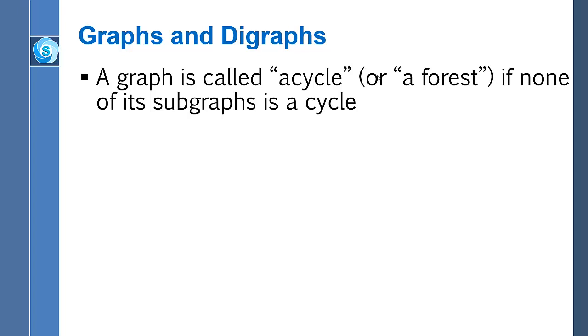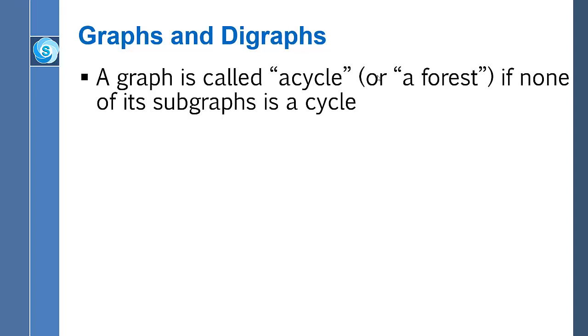If a graph does not contain any cyclic subgraphs, then we say that the graph is acyclic, right? A graph is acyclic if you can't find any cycles inside it. Yeah, and that's a very, very special type of graph. Okay?